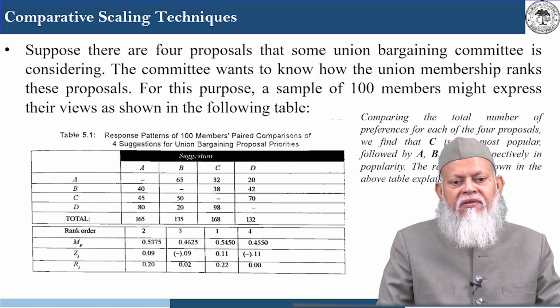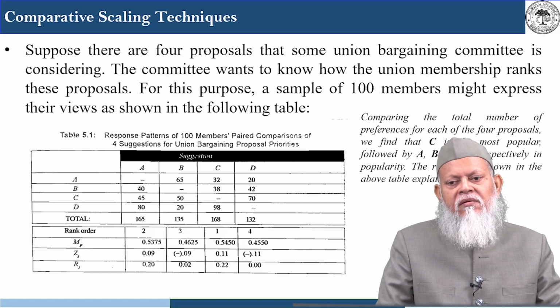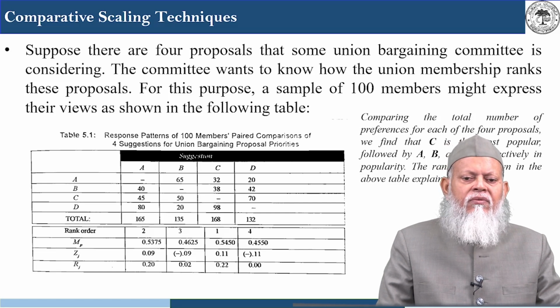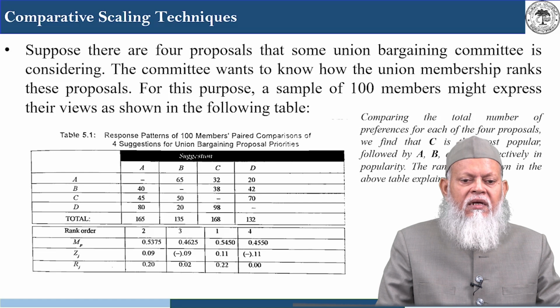So, here in this case, we have 4 proposals that a union bargaining committee is to consider, and they want to get an idea of how the union members react to these proposals, and this response pattern of 100 members, with paired comparisons of 4 stimuli for union bargaining proposal priorities, is given in the table here.